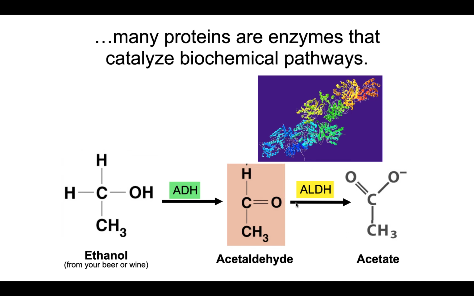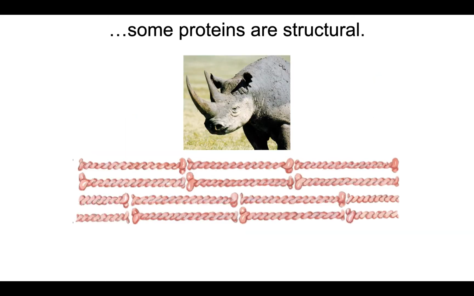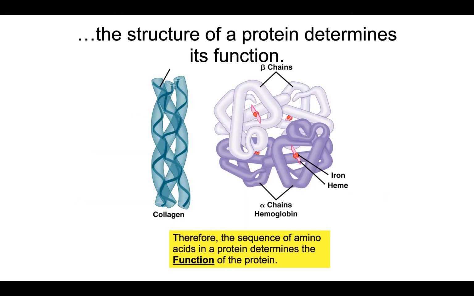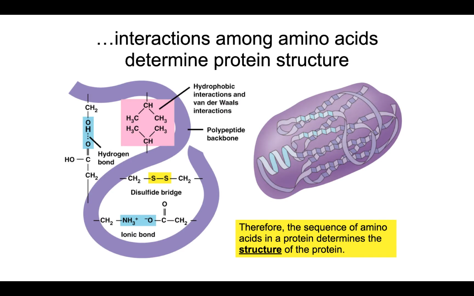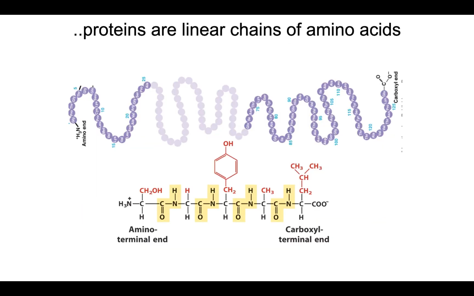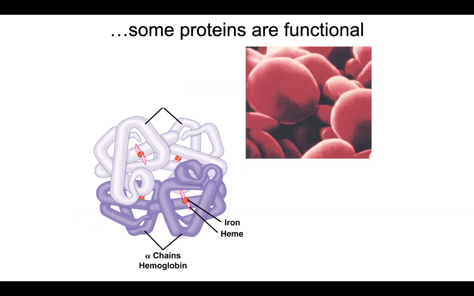And then you need acetaldehyde dehydrogenase, which converts acetaldehyde into acetate, and then that can be properly metabolized. Okay, and these two enzymes here, ADH, ALDH, these are proteins that have a specific function because they fold in a specific way, because they are made up of amino acids in a specific sequence.